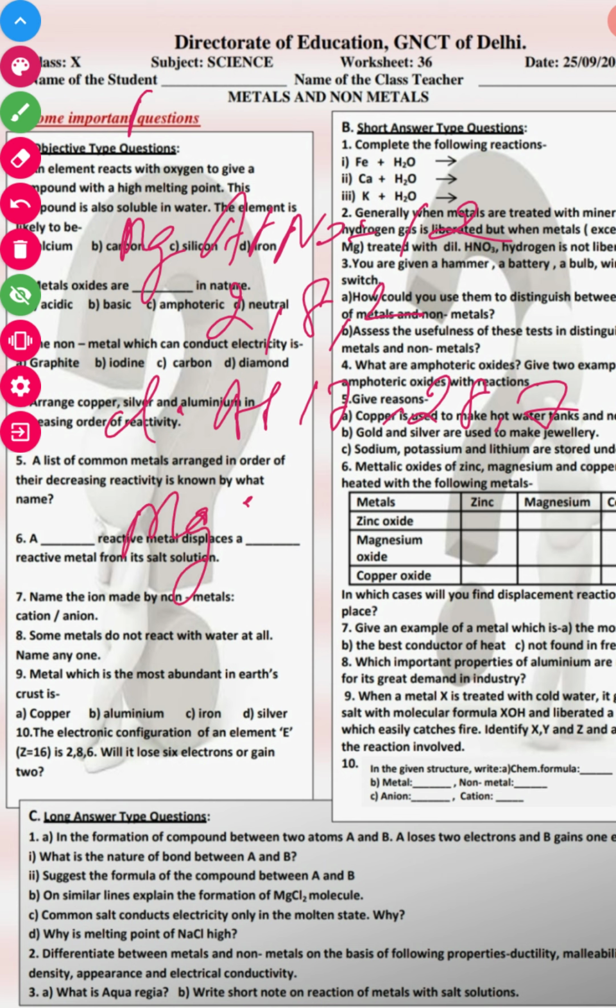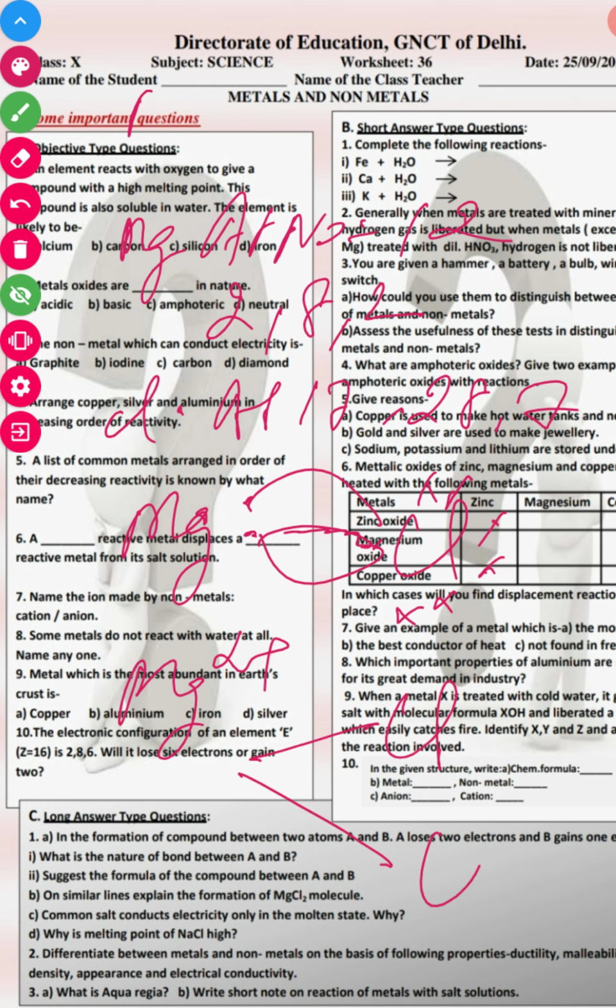Magnesium has 2 electrons in the outermost shell, this is your chlorine. Magnesium loses 2 electrons and attains 2 plus, and the chlorine gains. Because 2 chlorine are attached, each has 7 electrons and gains 1 electron. So this is the way you can write this.